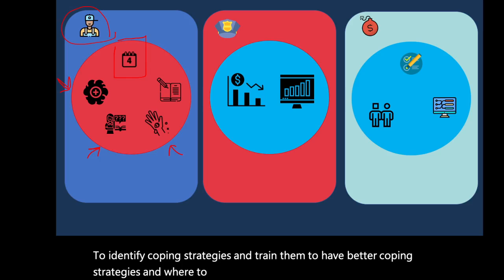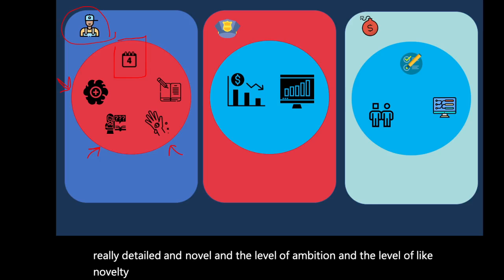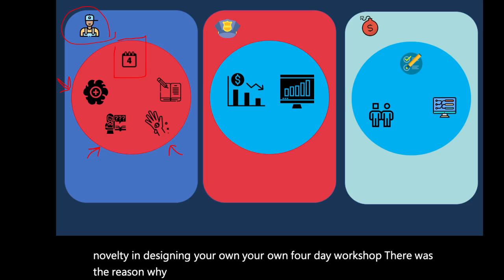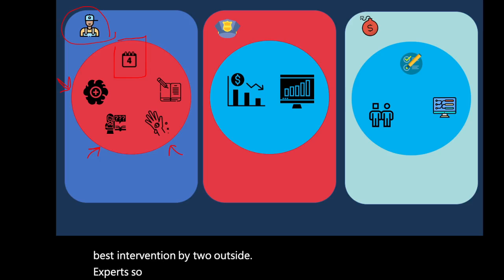So each of these components is really detailed and novel, and the level of ambition and the level of novelty in designing your own 4-day workshop was the reason why this intervention won Best Intervention in the first iteration of the seminar, by 2 outside experts. So that's really good to get inspired.